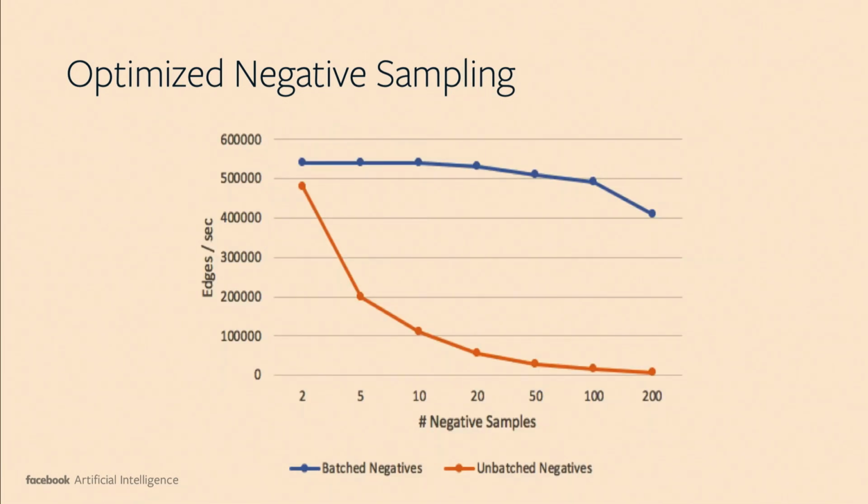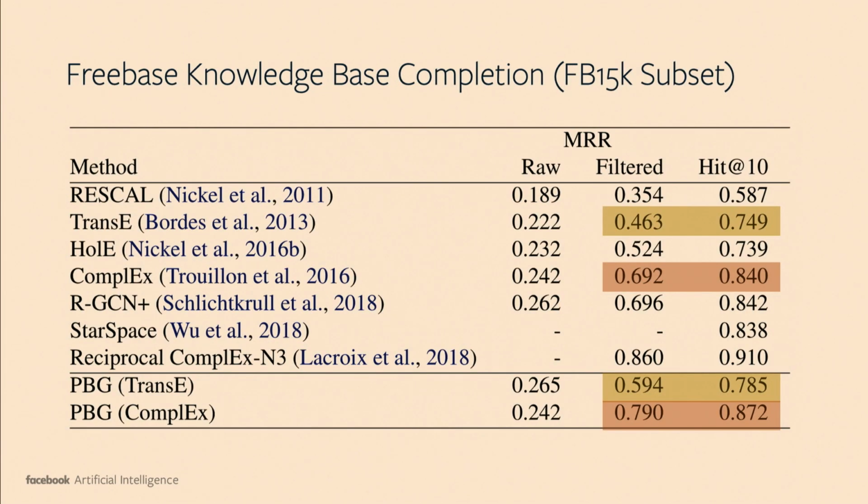And what you find as a result of this is that if you do traditional negative sampling, and previous work has reported this, your training speed is basically inversely proportional to the number of negative samples you use, whereas with this optimized negative sampling, you get pretty much constant training speed up to about 100 negatives.